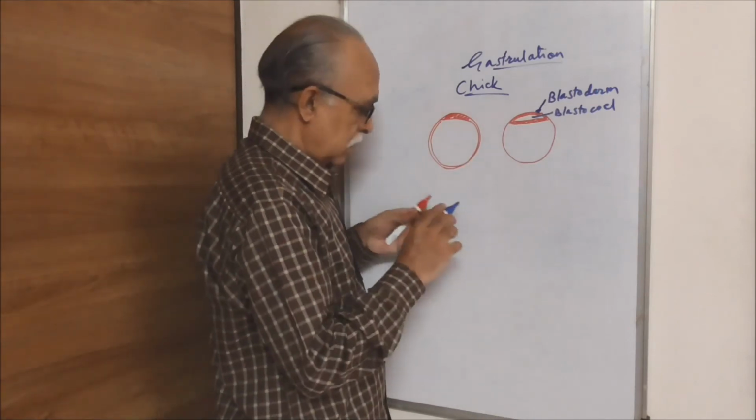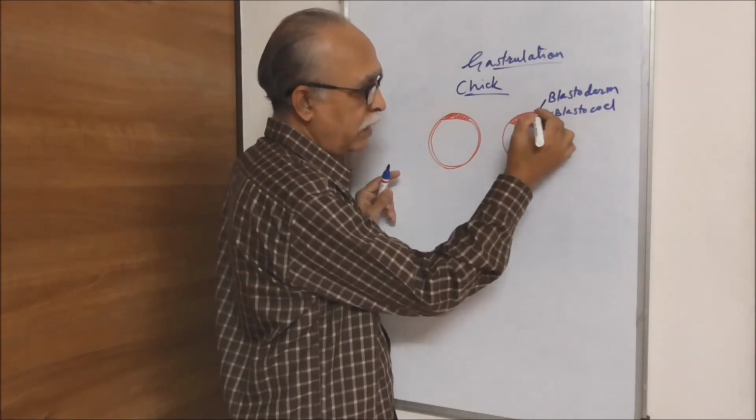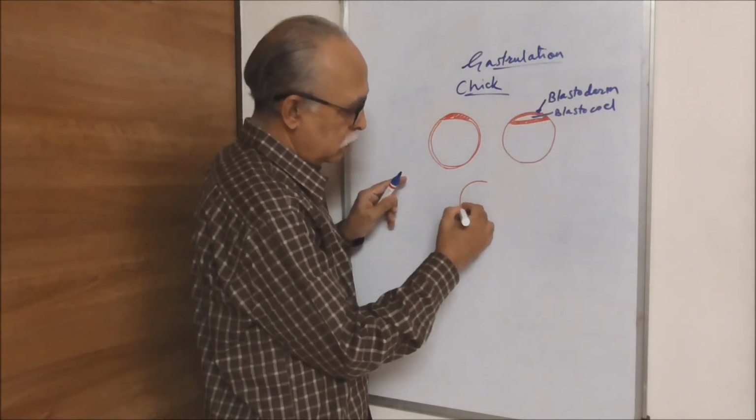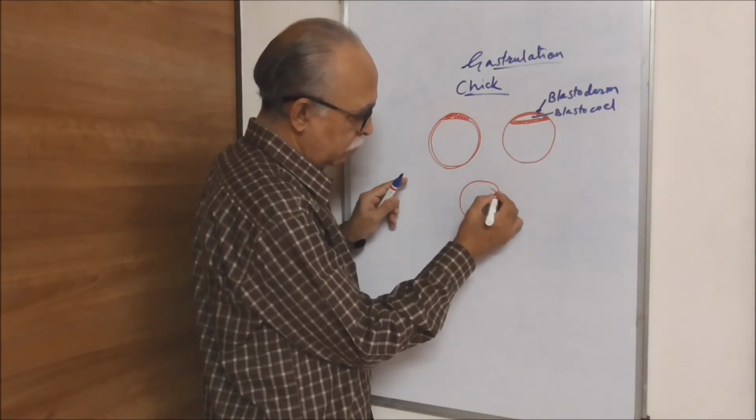And there, initially, the cells from here would start kind of involuting. So it would be this kind of involution here.